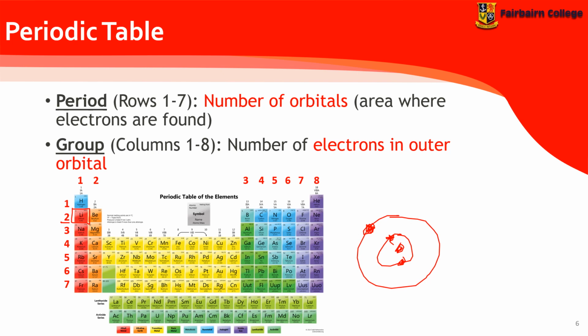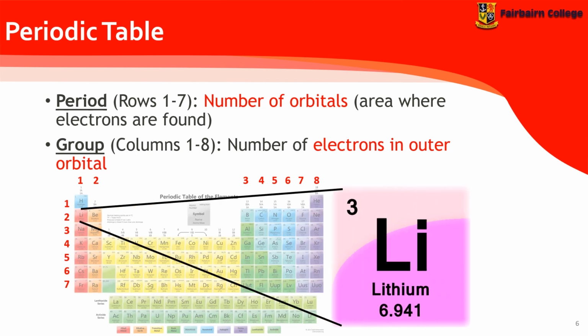And if we look at the periodic table, then this matches up. It's in period 2, so it has 2 orbitals, 1 and 2. And it is in group 1, and that means it should only have 1 electron in its outer orbital. And that is correct. It only has 1 electron in its outer orbital. Now again, I know this seems insignificant, but it becomes very important later on. Okay, but for now, let's move on.